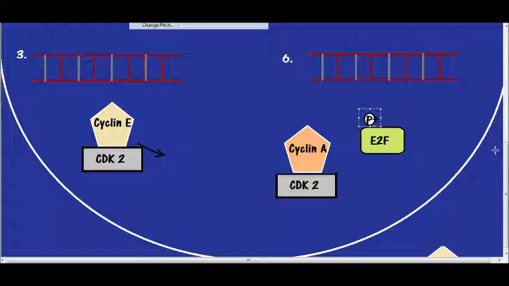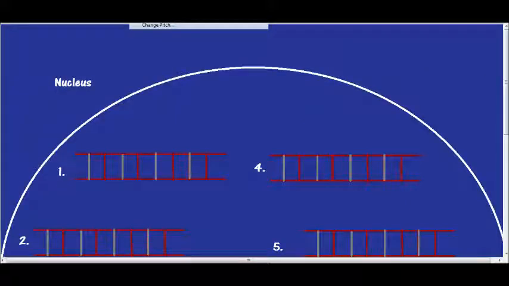The cyclin A CDK2 complex is also responsible for initiating the pre-RC, or the pre-replication complex. The pre-replication complex is composed of the ORC, which, as we mentioned earlier, is a target of E2F.